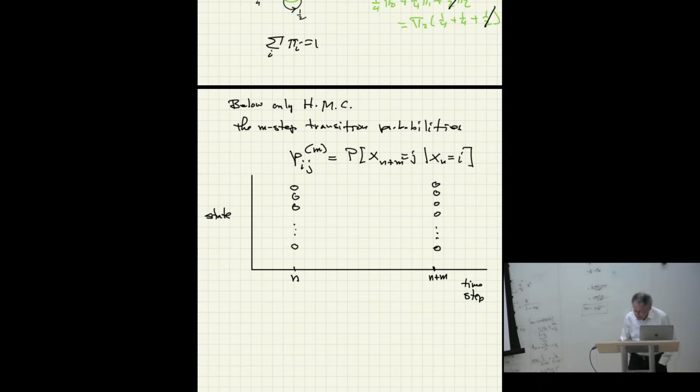And let me identify one of these as state i, and another one of these is state j, where I start and where I want to end up.